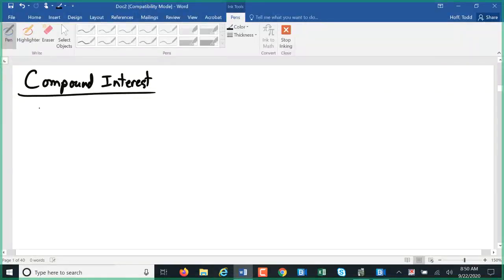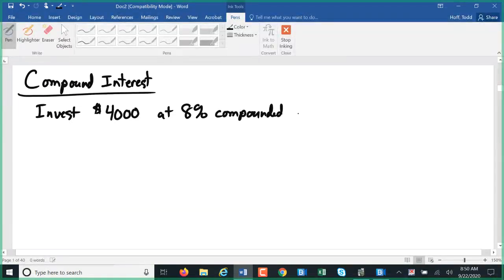Let's go back to our previous example where we invested that $4,000 at 8%. But before it was 8% simple interest, now we're going to say it's 8% compounded quarterly. And we're still going to go for 3 years, just like we did before.